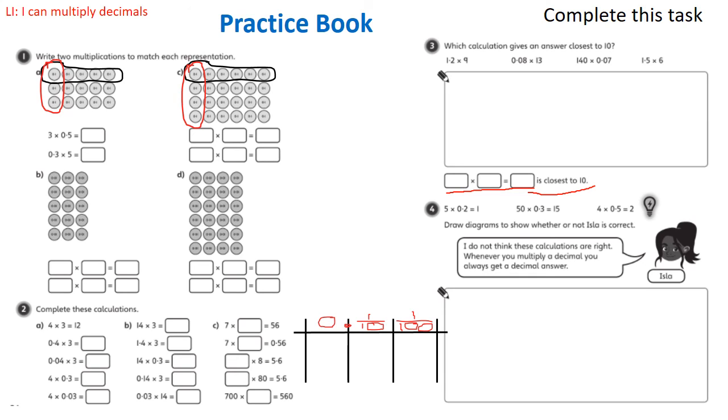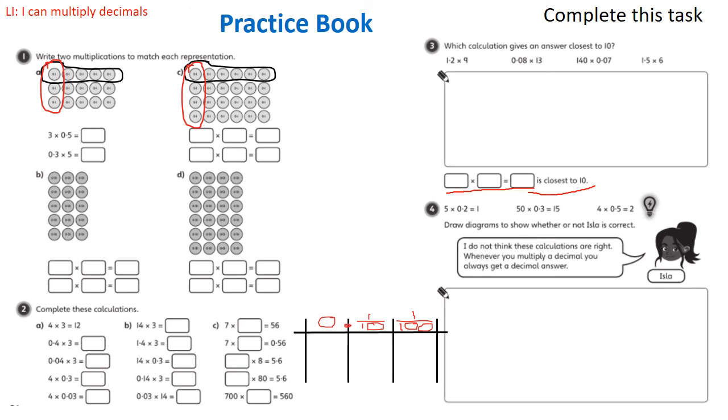Question 4, we've got 3 calculations there, and you are being asked to draw diagrams to show whether or not Isla is correct. So Isla says, I do not think these calculations are right. Whenever you multiply a decimal, you always get a decimal answer.